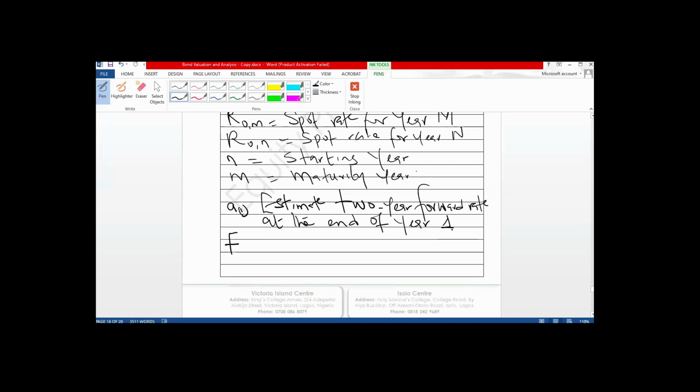This rate will start at the end of year one. That is 1. 2 years after, F(1,3). This is forward rate starting at the end of year one for 2 years. 2 years will take me to year 3. This is 2 years forward rate at the end of year one.